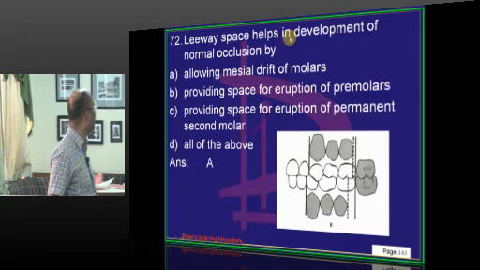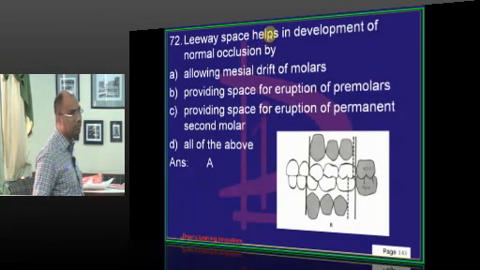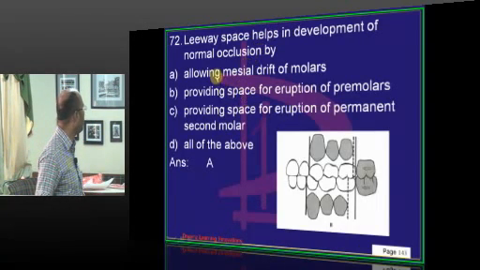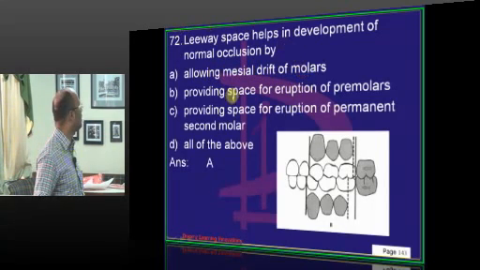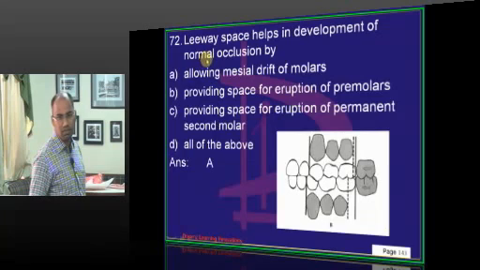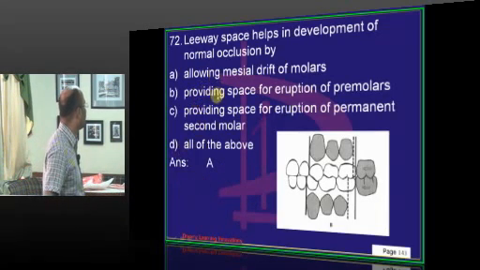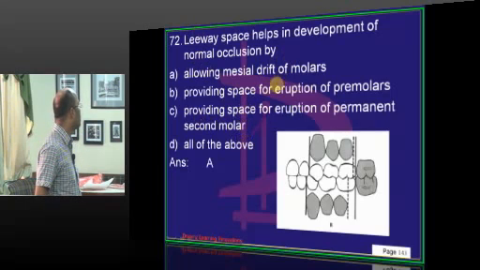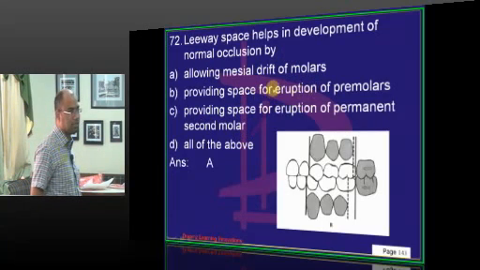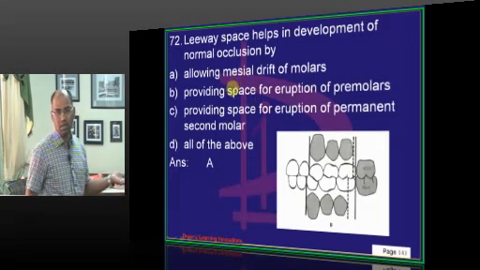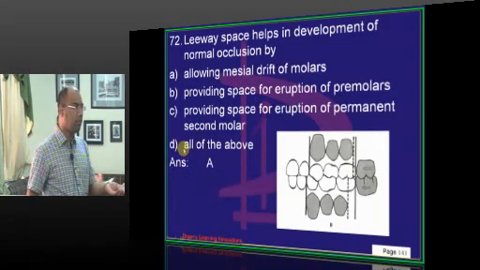Lower molar is moving forward. Leeway space helps in the development of normal occlusion by providing or allowing the mesial drift of the molars. How does leeway space help in late mesial shift? It allows the molars to drift mesially. It will not erupt premolars. Already premolars are erupting. It is not courtesy of the leeway space. The primary tooth is there.